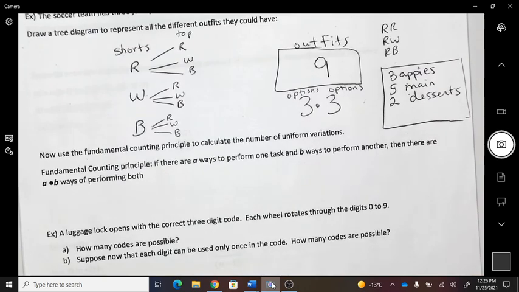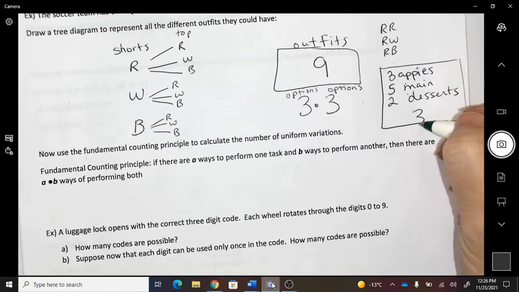So how many different ways could you make your meal if you're going to have an appetizer and a main and a dessert? How many different ways could you make yourself a meal? 30.